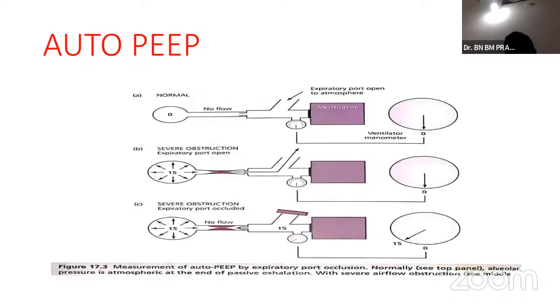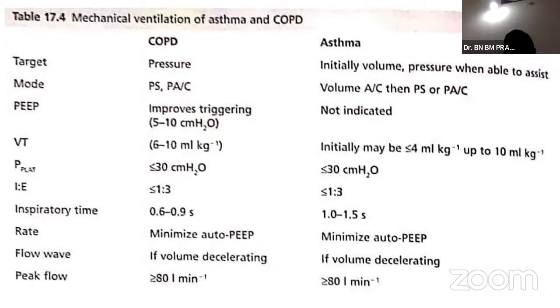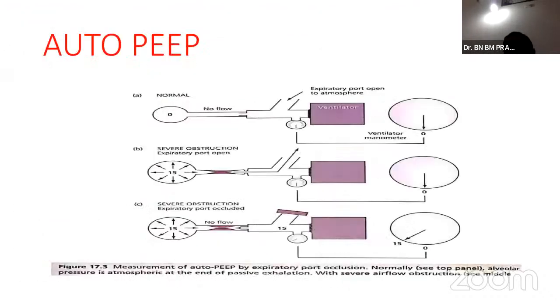How do you measure the autoPEEP? When you open the expiratory port at the end of expiration, when there is no flow at the expiratory port, the manometric pressure is equivalent to the alveolar pressure.